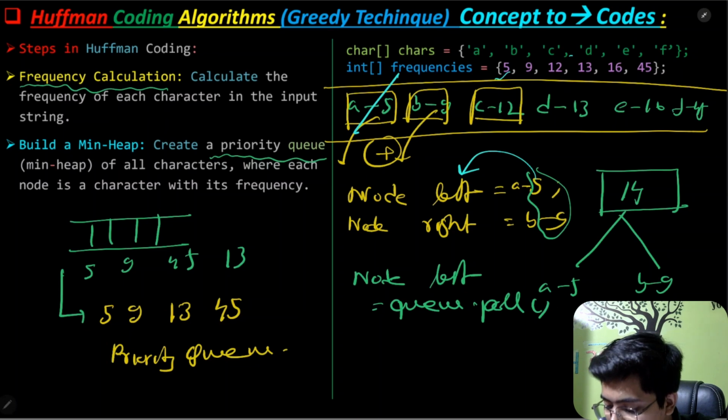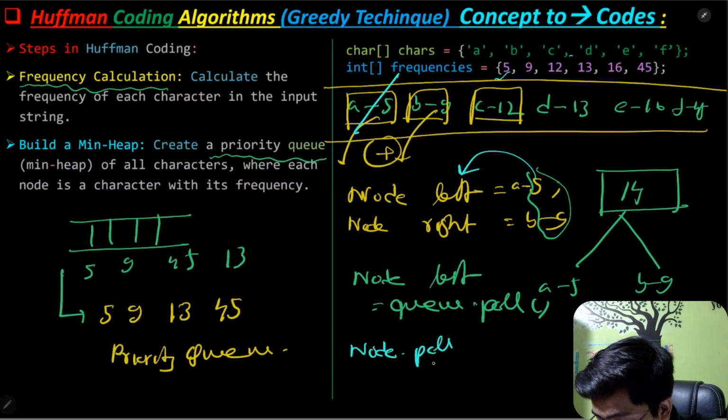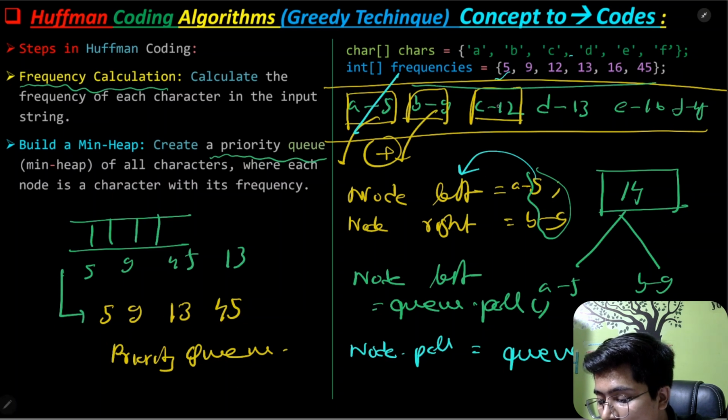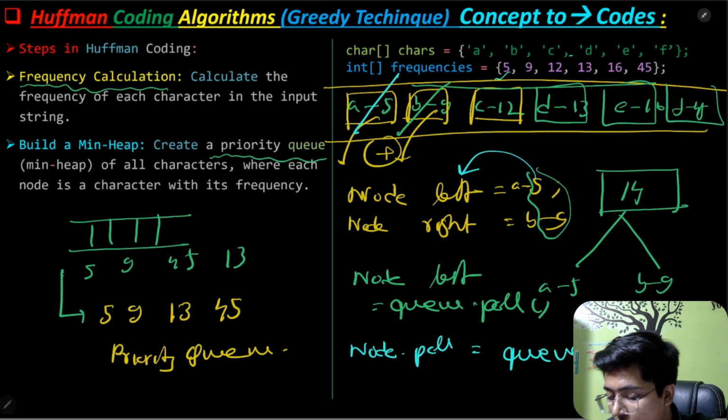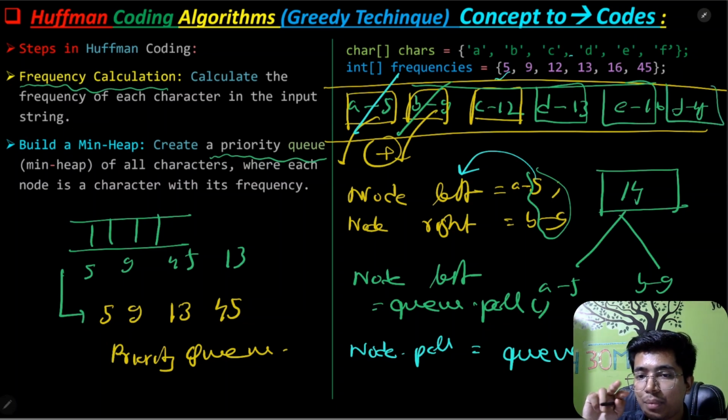Next time when you again use node right equals queue.poll, the second time we use the same thing. Now our queue contains only the remaining elements, so this time the next one is popped, and these all are nodes. So in this way we first fetch two elements.